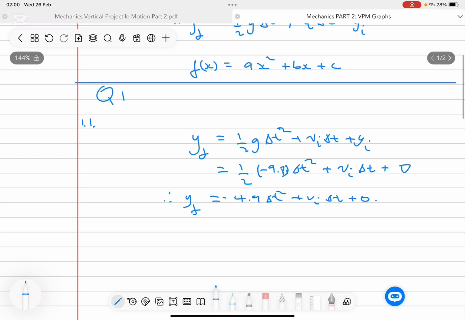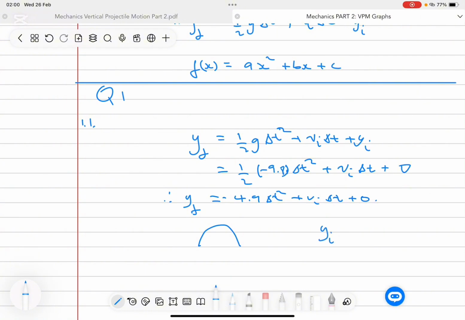Now let us check something. The first thing that I'm going to look at is the value of a. My a is negative, that means I expect a sad graph. The shape of my parabola should be a sad graph. The other thing that I notice is that my y initial is 0, which is the y-intercept.